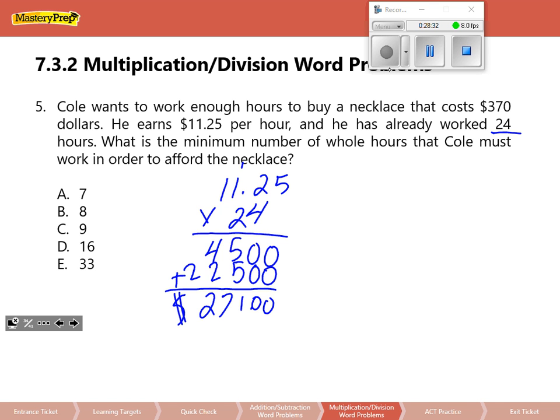So far he's earned $271. Yes? 270, thank you. That makes more sense. Yep. 270.